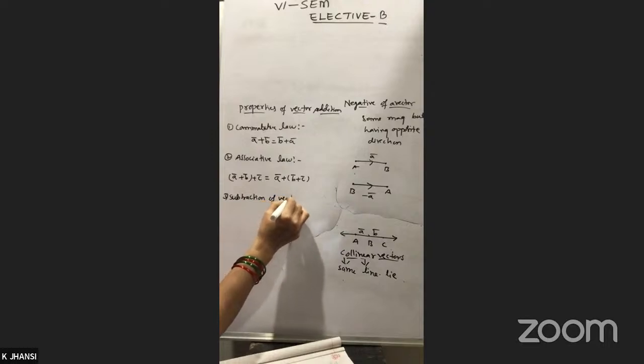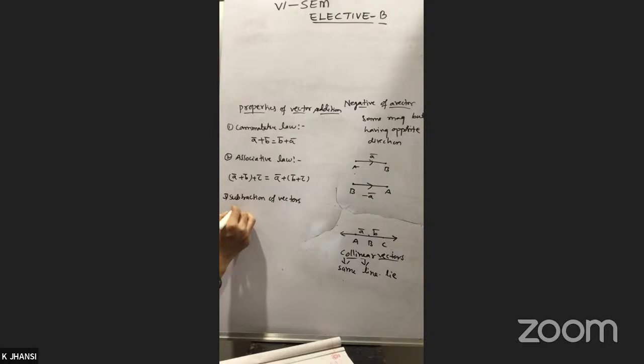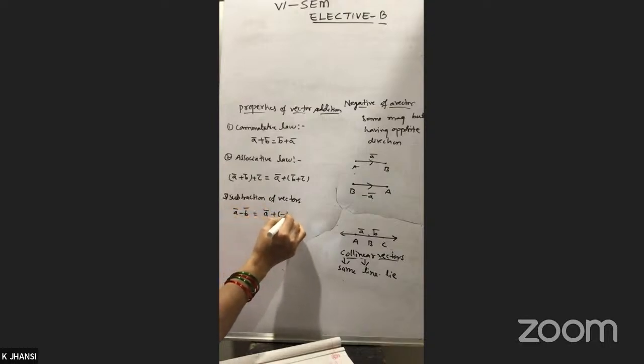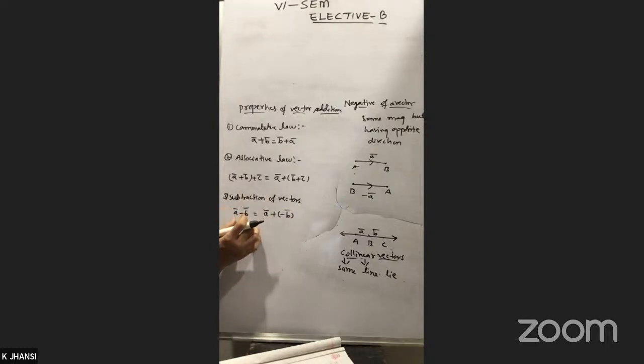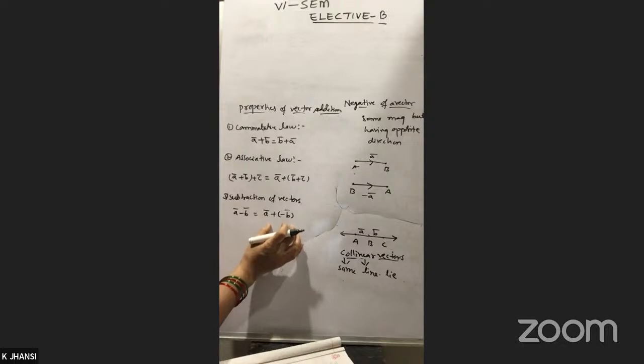Vector A minus vector B is equal to vector A plus vector minus B. So wherever we do the subtraction of vectors, we have to write in this form. Like this, we can find the subtraction of vectors.